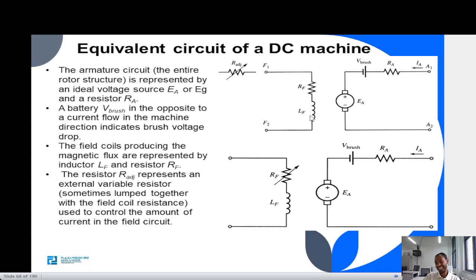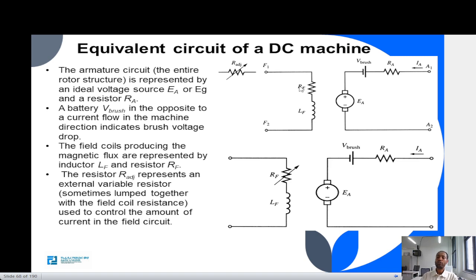That's why we represent LF in the stator and neglect it in the armature winding, because its effect there compared to the field winding is very small. So the coil is represented as an inductor LF and resistance RF.